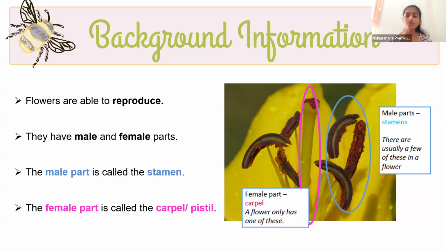The male part, as you can see here circled in blue color, is called the stamen, while the female part, circled in pink color, is called the carpel or the pistil. Both refer to the female parts. You have to remember that a flower only has one female part, while it could have 2 to 3 or several male parts, stamens. So when you look at a flower, you will understand that.